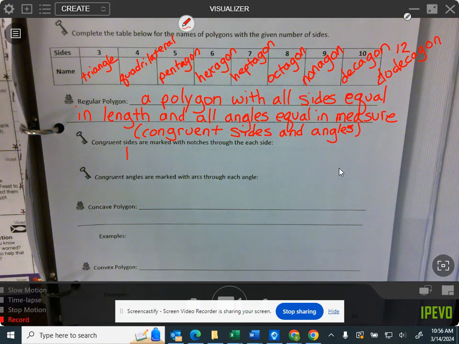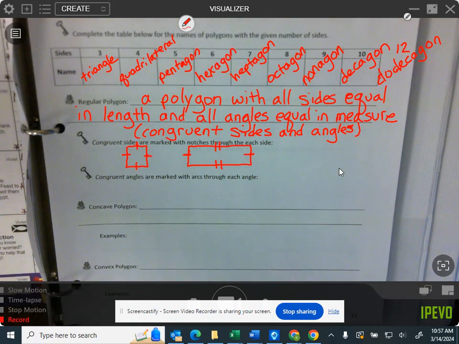So congruent, remember, means that our sides all have the same hash mark on it. If all the sides have the same, it means they all have one line. If we look at a rectangle, this measurement and this measurement are the same, and this measurement and this measurement are the same.